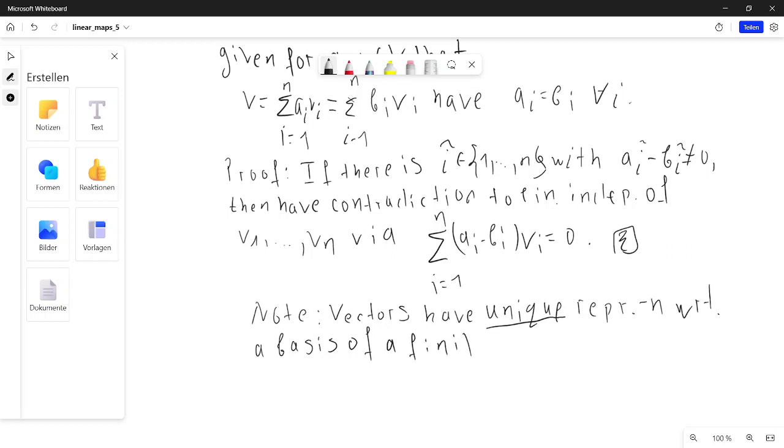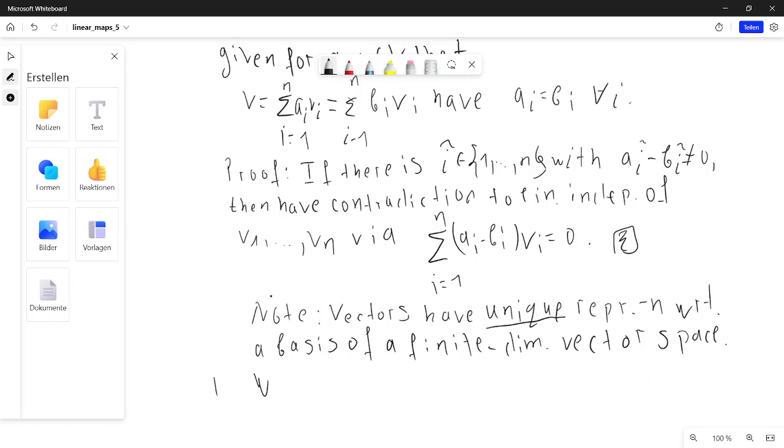That is what we mean by that. Given a finite dimensional vector space and a basis, we take any vector and its representation as coordinates is unique.